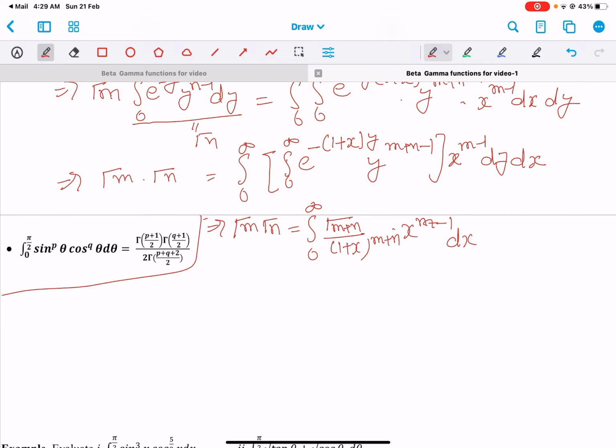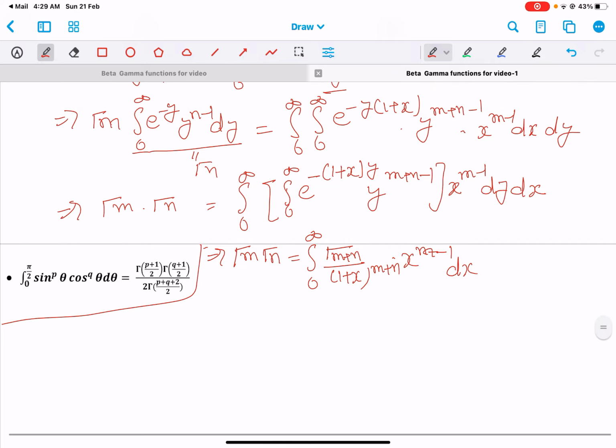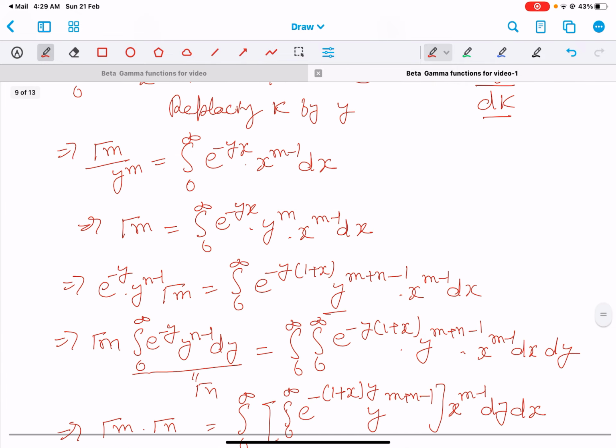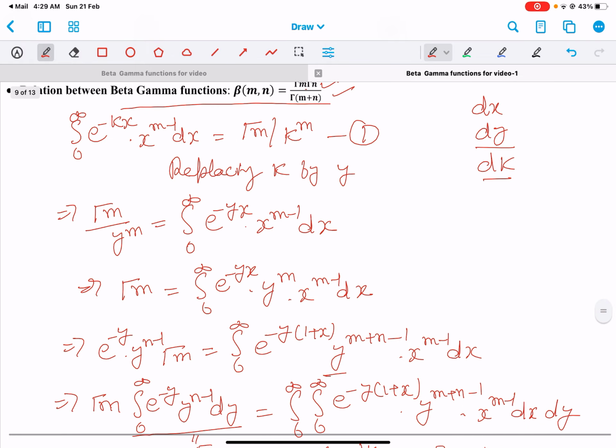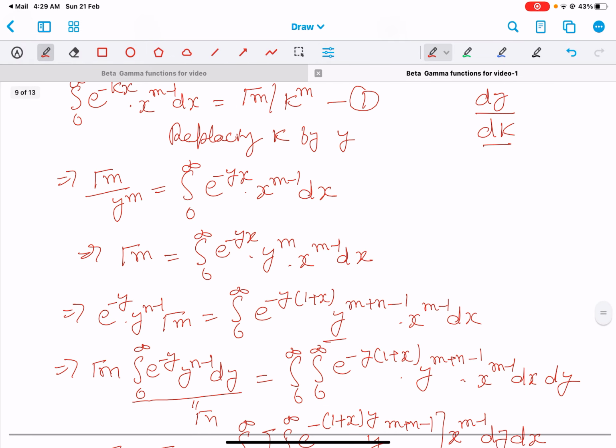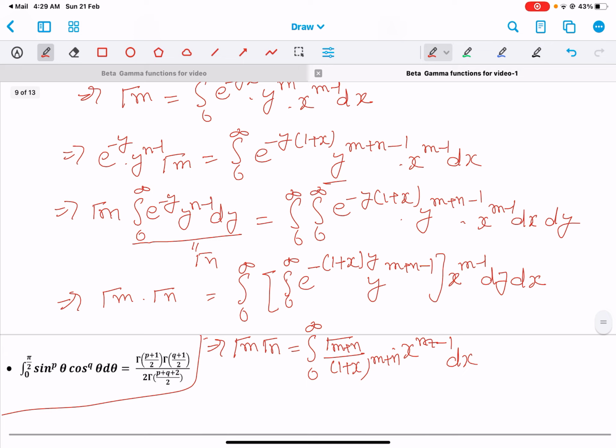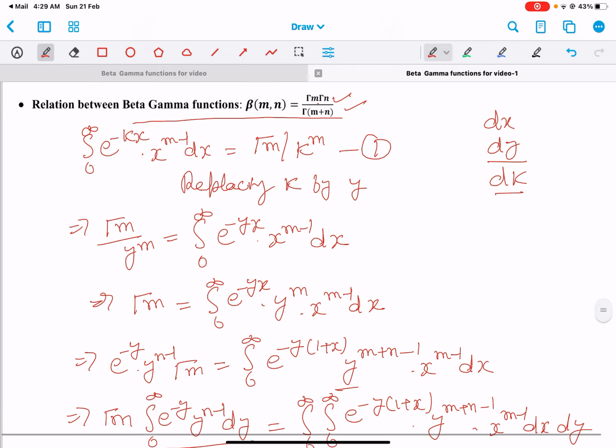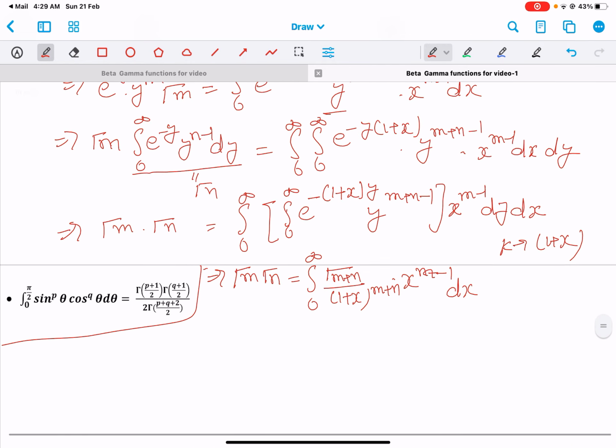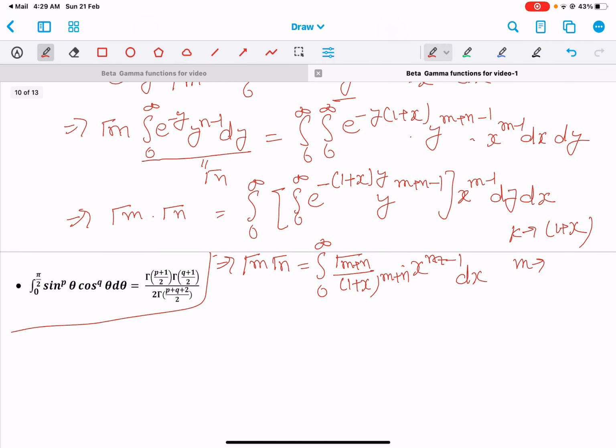This result is again using expression 1. You may see expression 1 here. If you compare, in place of k I am having 1 plus x, and in place of m I am having m plus n.